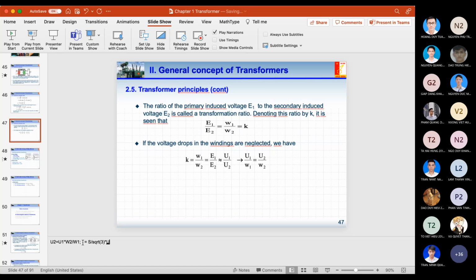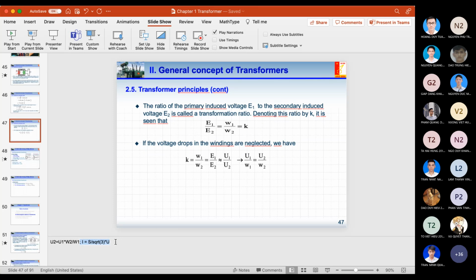For example here, as I said before, the primary winding is connected to the high voltage because we are considering a step-down transformer. It means that the input voltage is higher than the output voltage. Sometimes the input voltage is 22 kilovolt, 35 kilovolts, or even 110, 220 or 500 kilovolt.